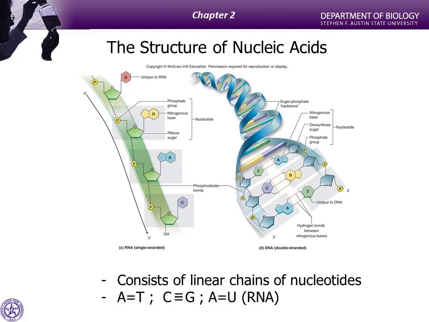So you must have a pairing of one purine and one pyrimidine spanning that distance. And our pairing is always going to be AT, CG, until we get to RNA. And in RNA, that's where we see the uracil taking the place of the thymine. You only see uracil in RNA, and you never see thymine in RNA.